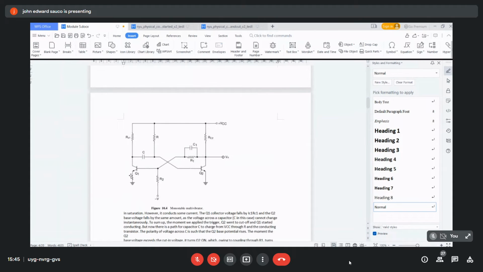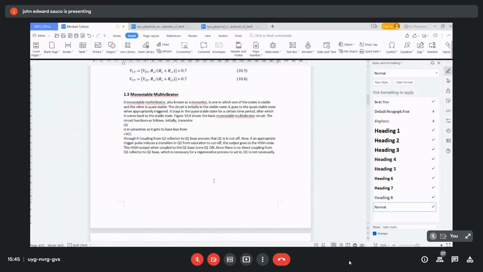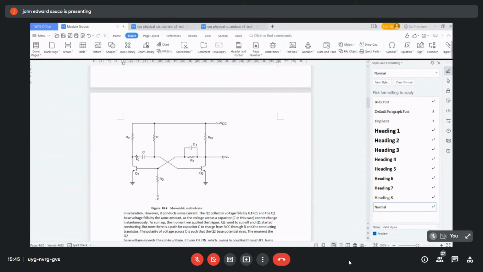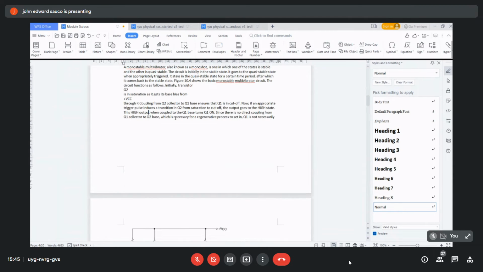On na siya. Since there is no direct coupling from Q1 collector to Q2 base, wala tayong coupling, walang RC circuit.